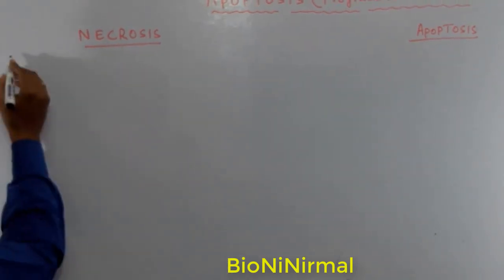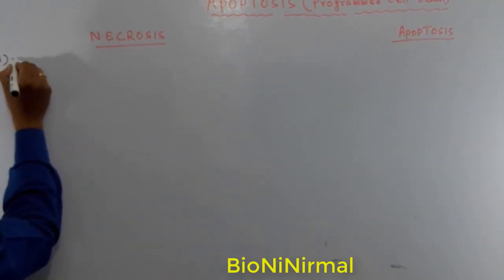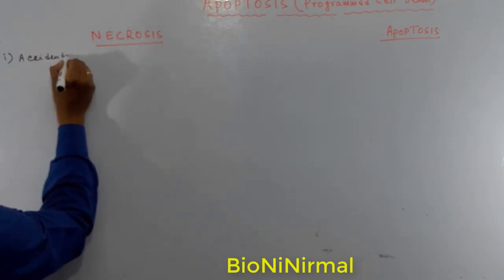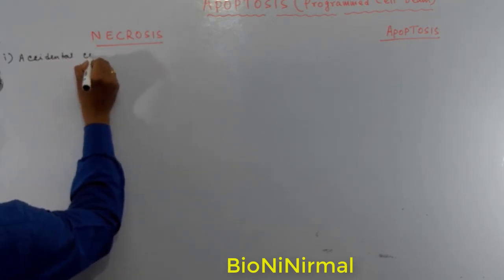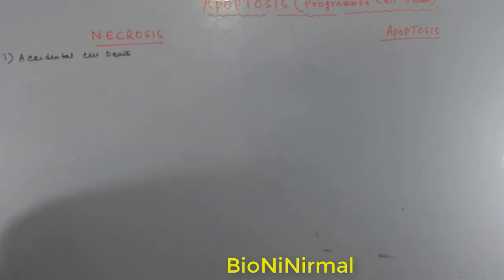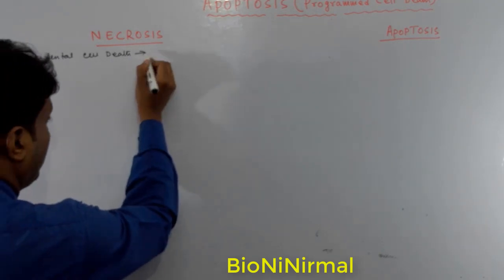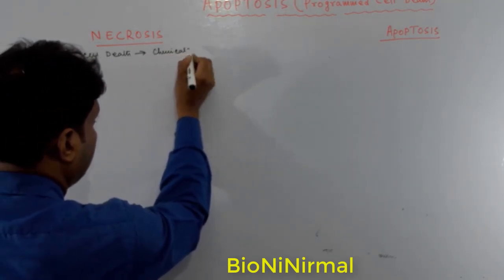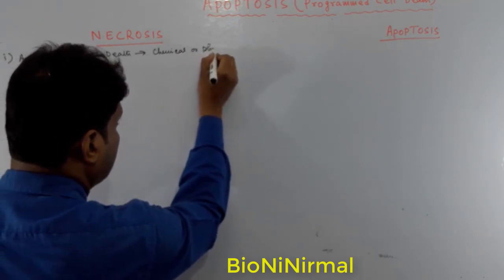Now, what are the differences between necrosis and apoptosis? Usually, necrosis is called accidental cell death, and this is usually caused by any chemical or physical trauma.